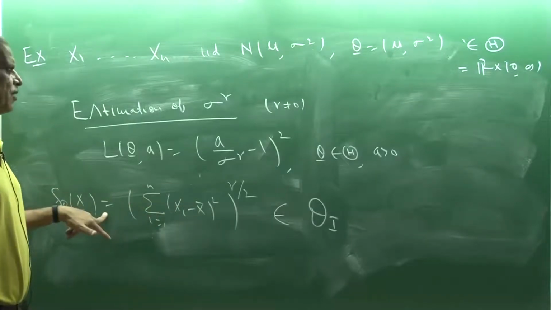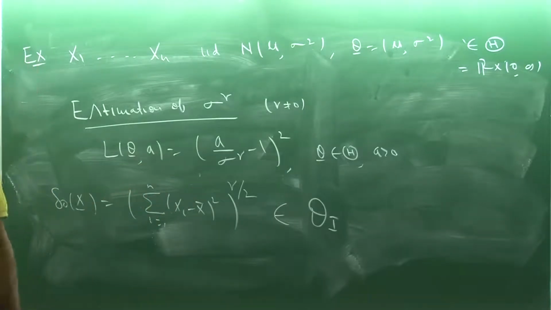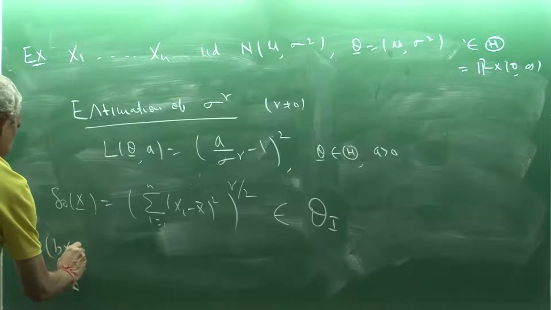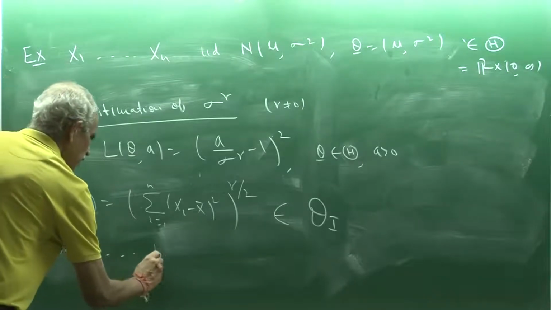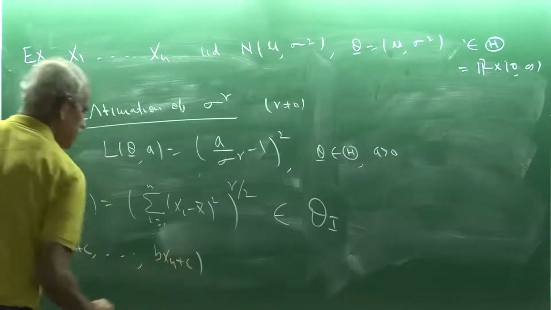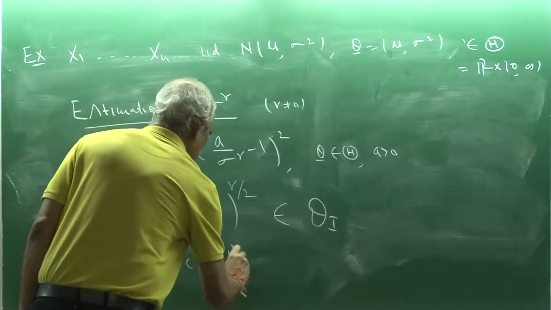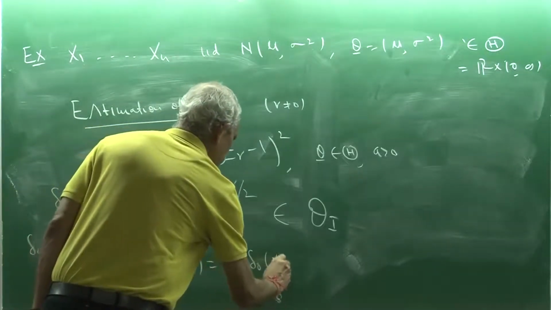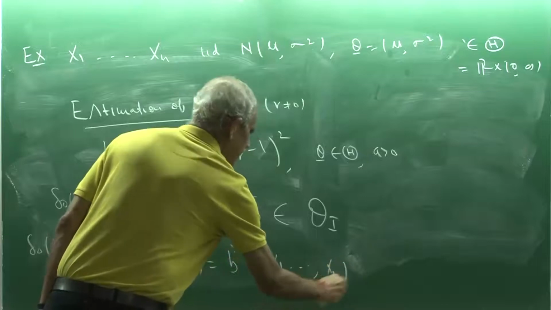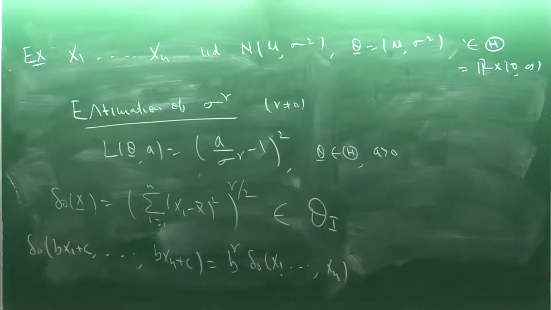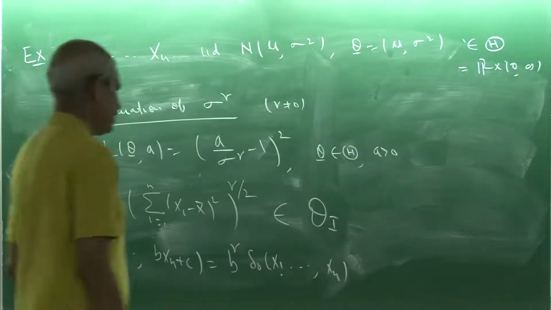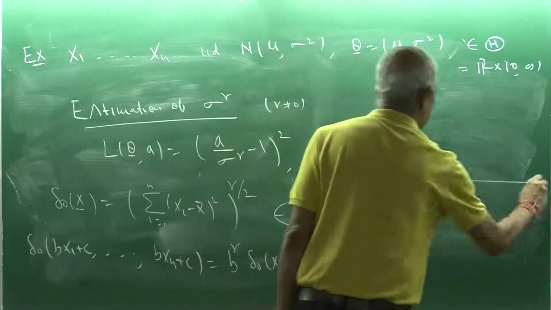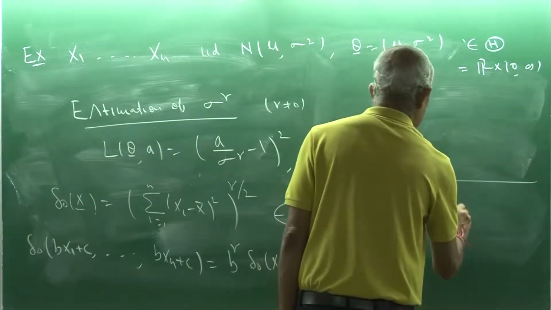When b square comes outside, it becomes b to the power r. So what you get is delta naught of b x1 plus c, ..., b xn plus c turns out to be b to the power r times delta naught of x. And that is exactly the definition of an invariant decision rule in this situation. So this implies that delta naught belongs to D_i.